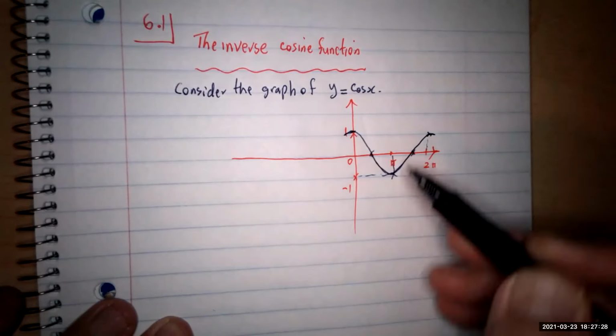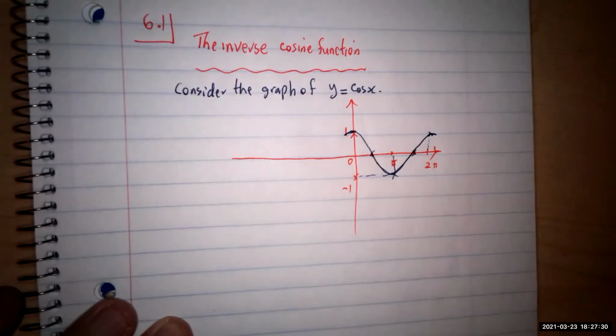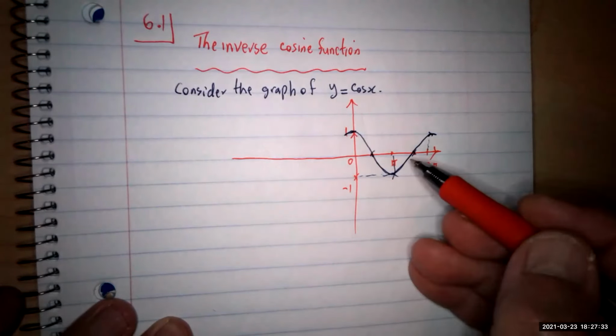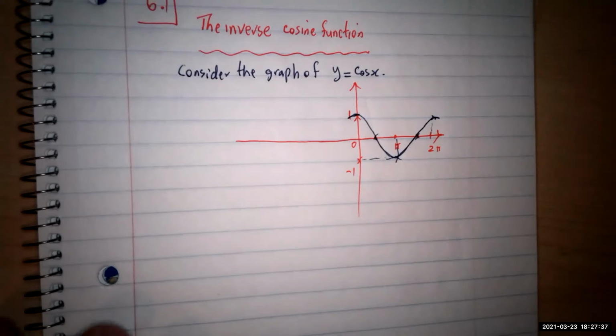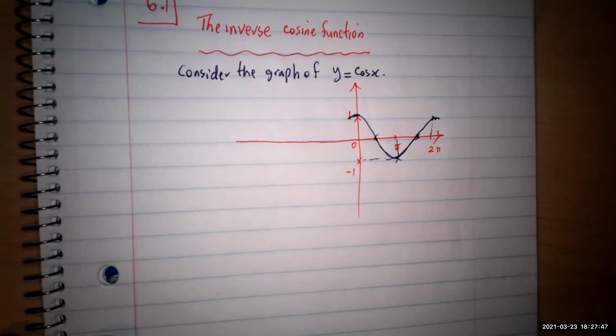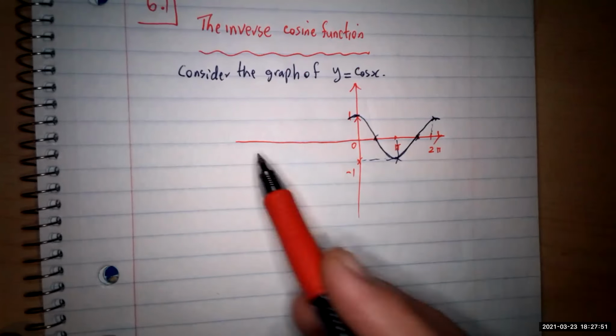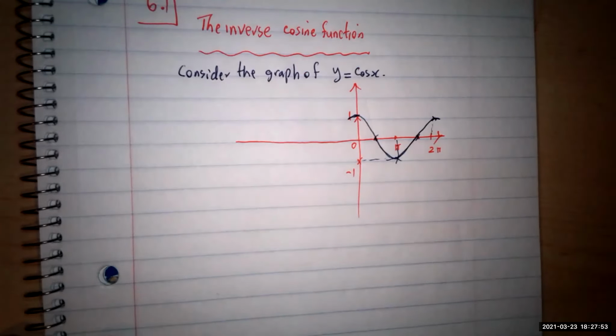If we want to continue, we can go to the left as well, but we don't need it. We talked about the other night, since we want to switch x and y, whether this graph satisfies the horizontal line test, meaning if the horizontal line intersects the graph at one point only, we can find an inverse.